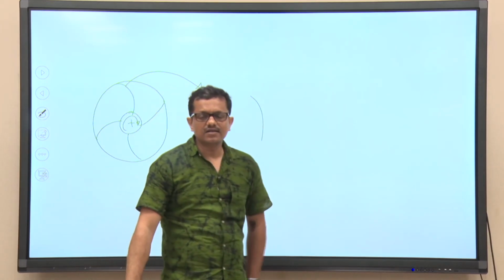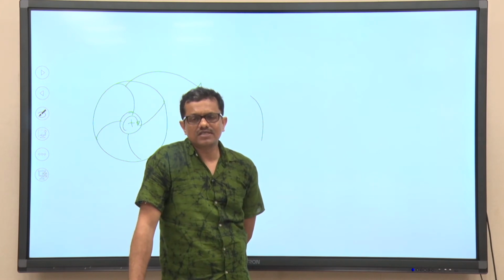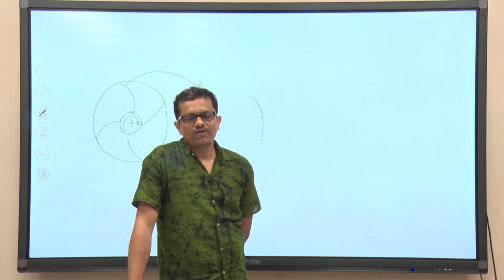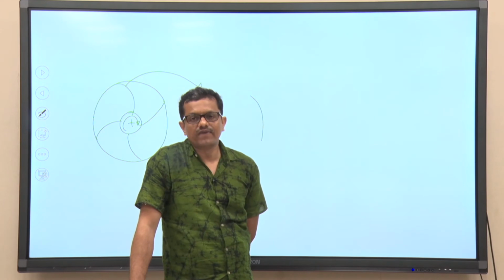Now if we take out this particular blade and draw the velocity triangle, if nothing is mentioned, then we should consider that the flow at the inlet to the pump is swirl free.